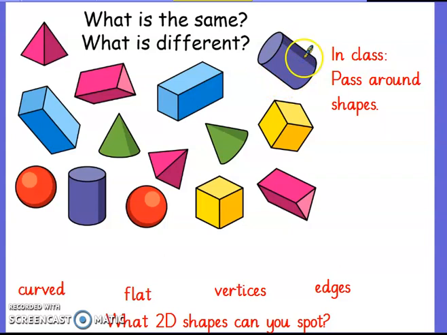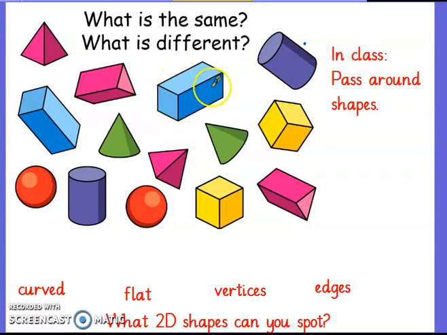That means if I put it on the table, it would be able to roll. And if you've got tin cans in your cupboard or a tube of Pringles at your house, that's a cylinder shape. So you could have a little look at that and a practice and see that on top of it and on the bottom end there is a circle shape. So we've got some of our 2D shapes showing on the faces of some of the 3D shapes here.